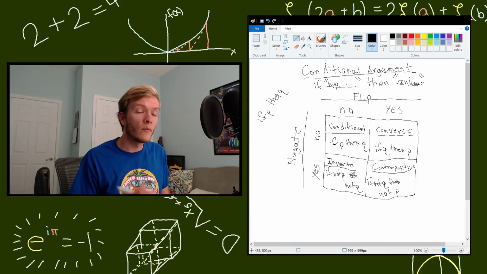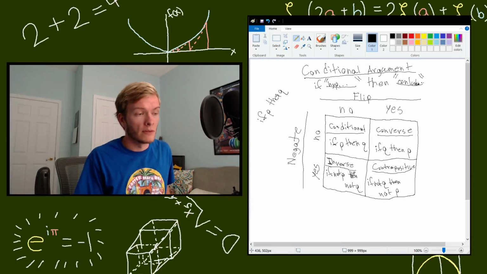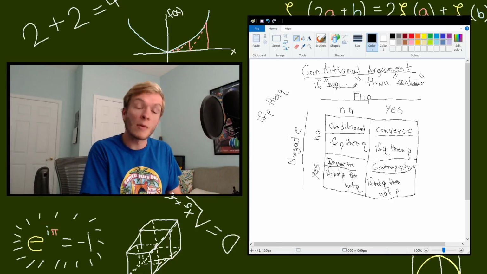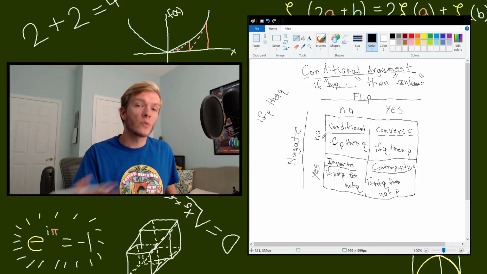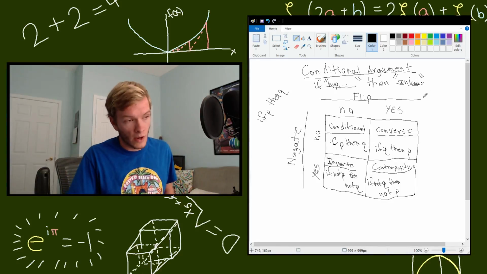One good example is if it is raining, then the grass is wet. If it's raining outside in the yard, the grass is wet. So our hypothesis is "it is raining," and our conclusion is "the grass is wet."